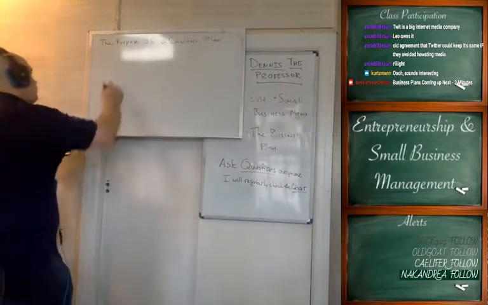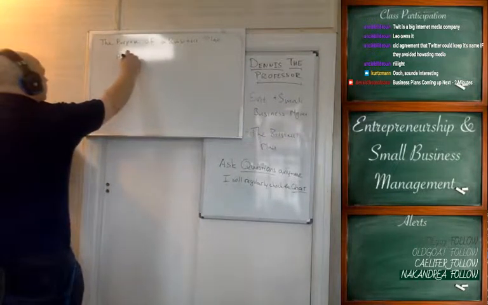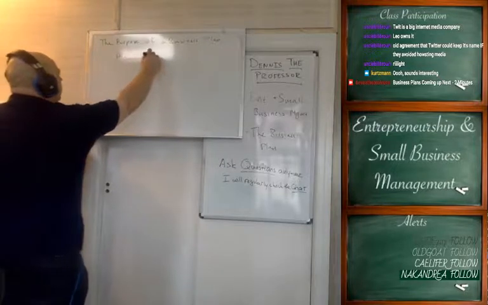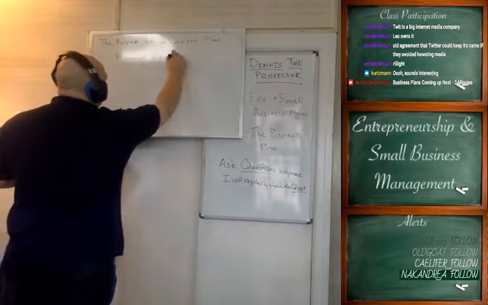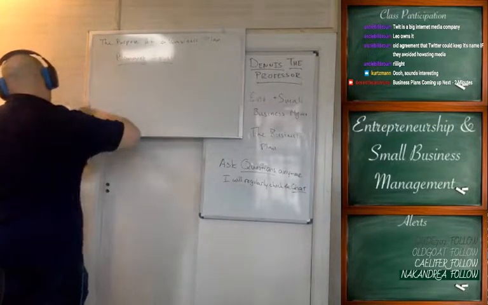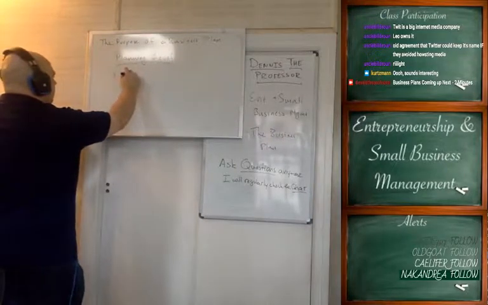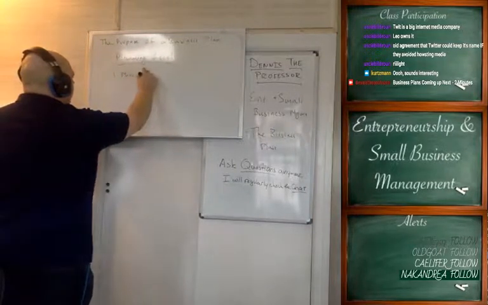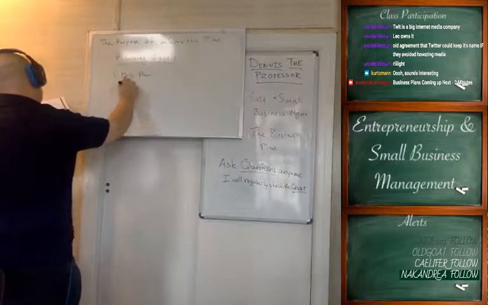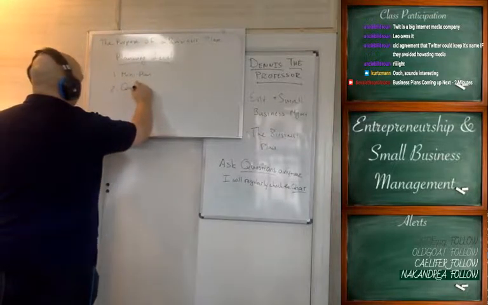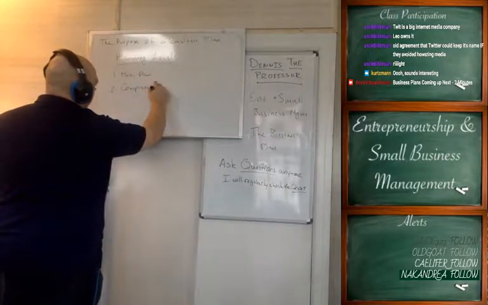So there are going to be different planning levels, and I'm going to cover this very briefly. There's going to be a mini plan, and there's going to be a comprehensive plan.